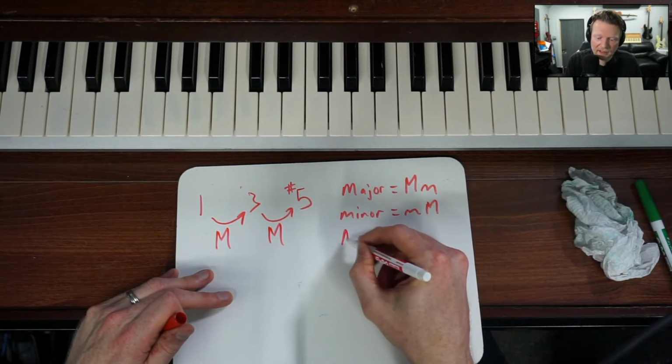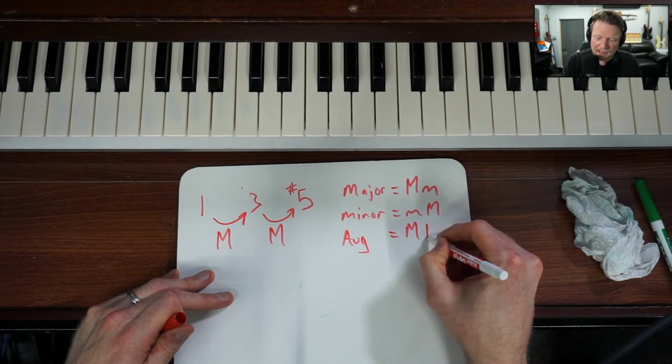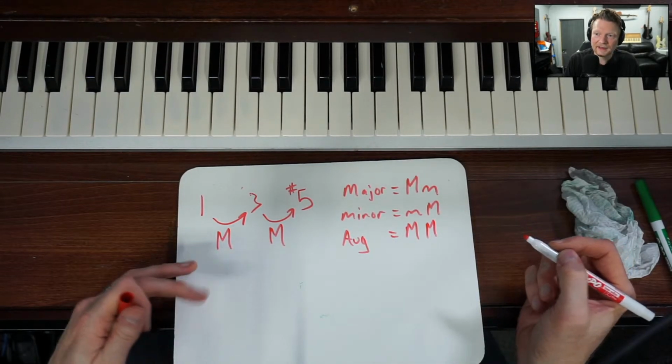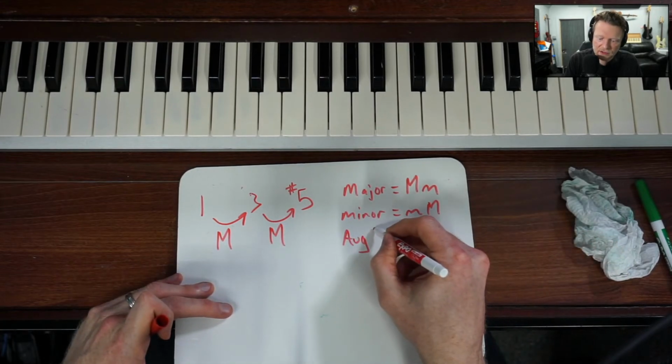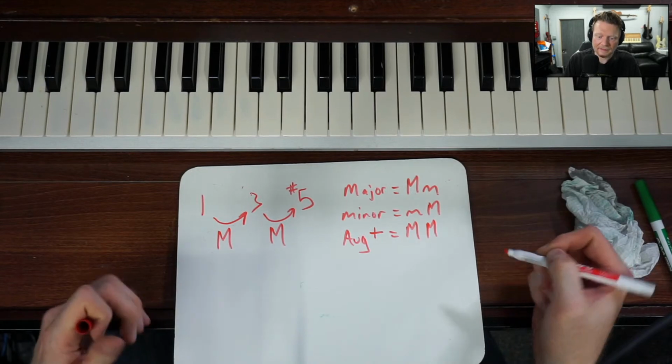An augmented chord is a major third and a major third, which a lot of times is distinguished by a plus sign, like that.